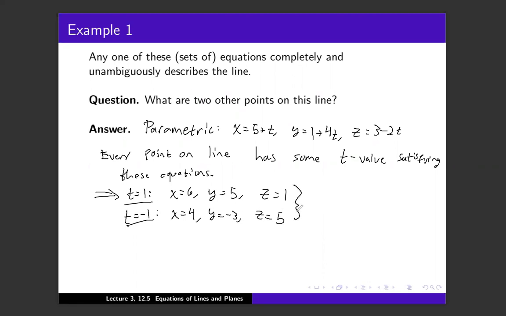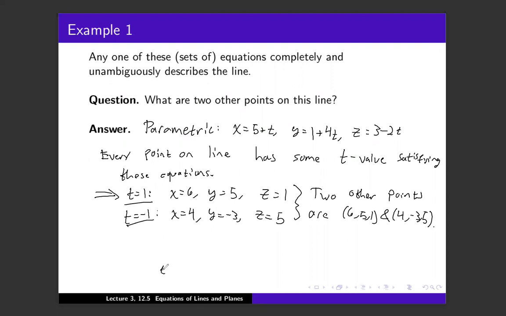So two other points are 6, 5, 1, and 4, negative 3, 5.